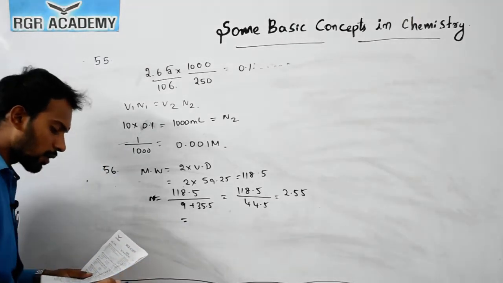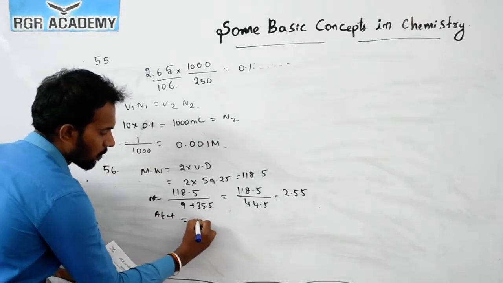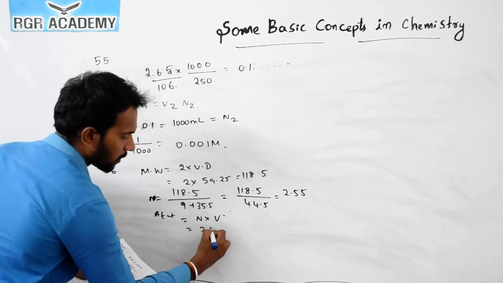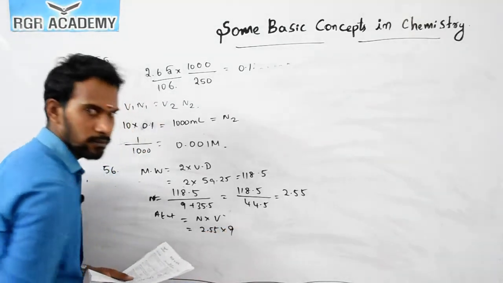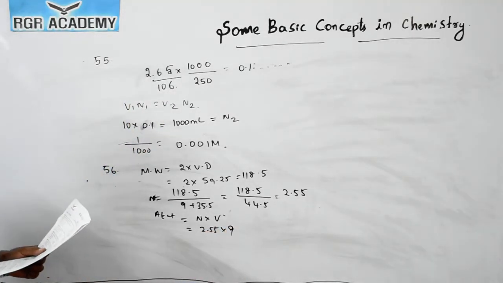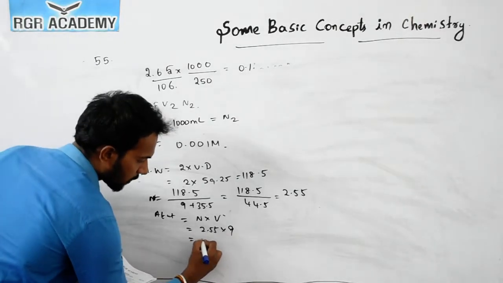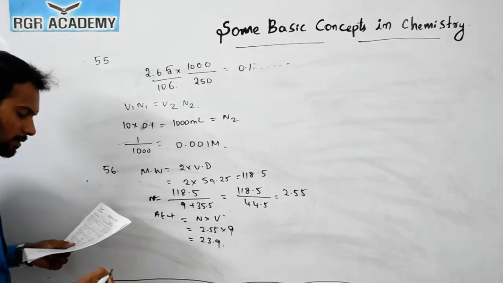So we are going to find out the atomic weight of the metal. Atomic weight is equal to equivalent weight into valency. The value is 2.66 and the equivalent weight of the metal is 9. When you multiply this, you will get 23.9. So the answer is 4.